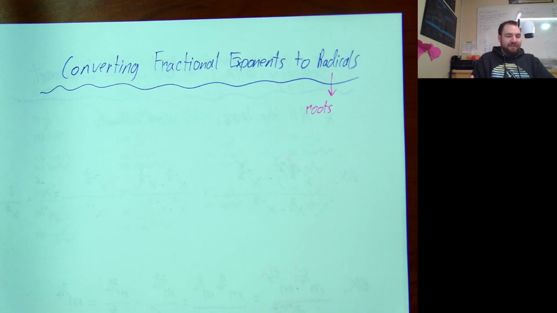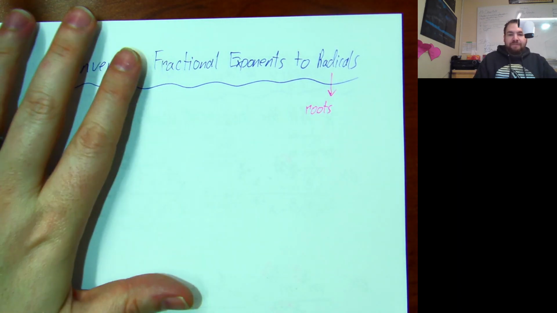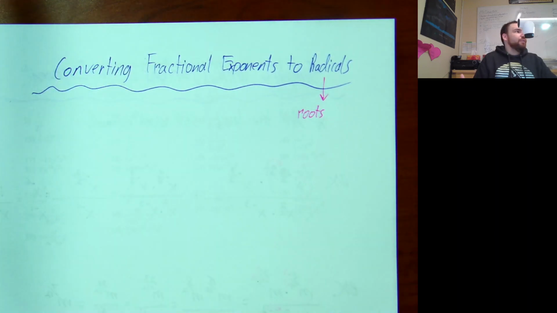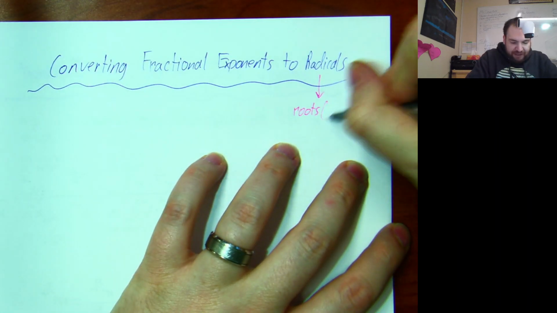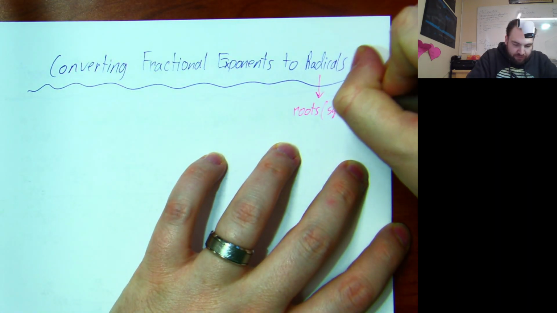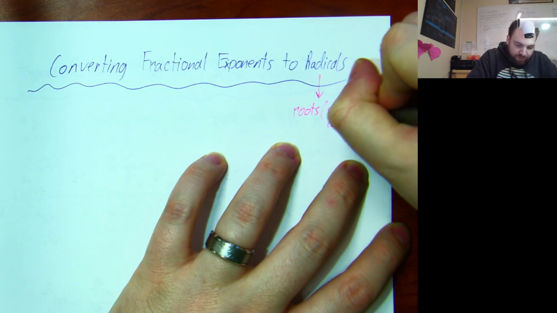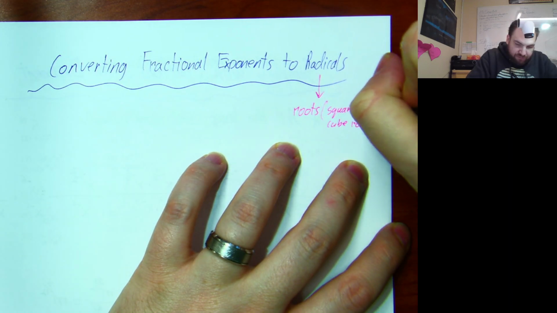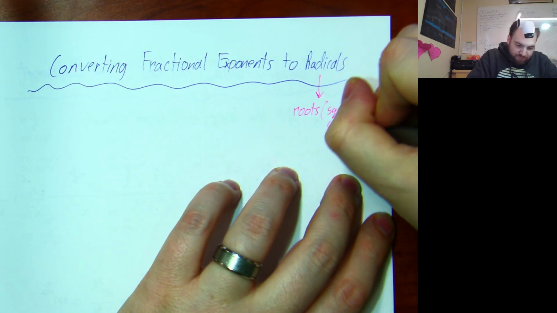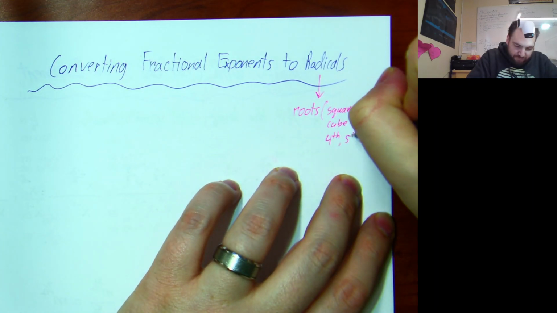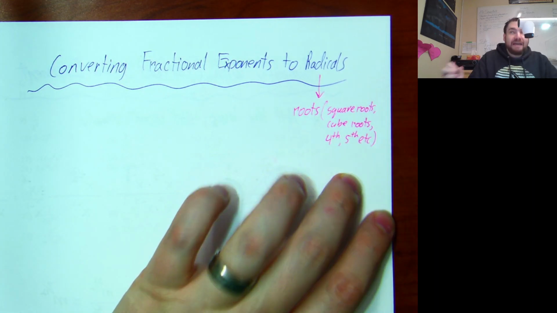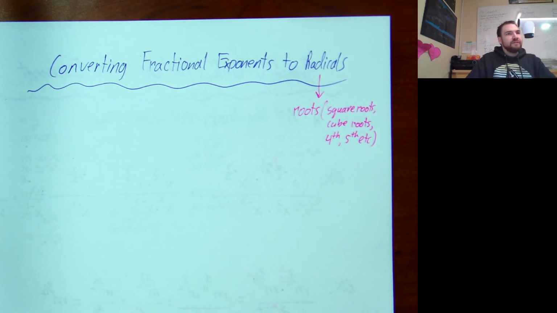Welcome to the language of math with Mr. Dweedoff. So radicals is just another way to say roots. So this is square roots, cube roots, fourth, fifth, etc. The family of roots is called the radicals.